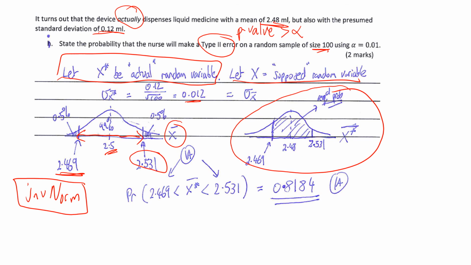So the probability that x bar star will be greater than 2.469 and less than 2.531 turns out to be 81.84%, and that's just straight up using your norm CDF.